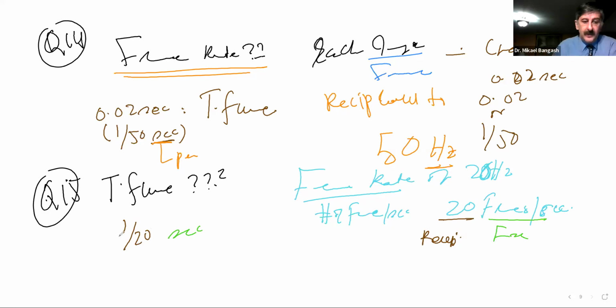So 1/20 per second. Now we don't have 1/20 as an option. Now guys, 1/20 does not mean 0.2. 1/20 actually means 0.05.